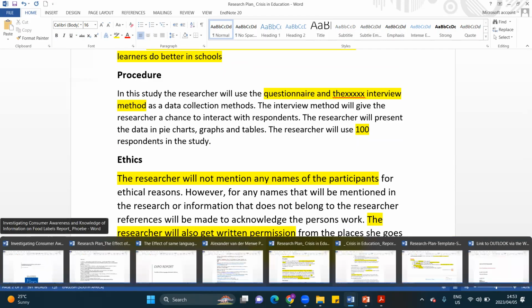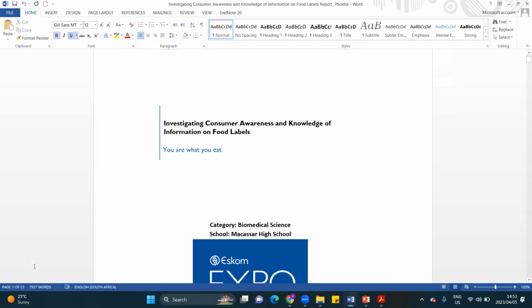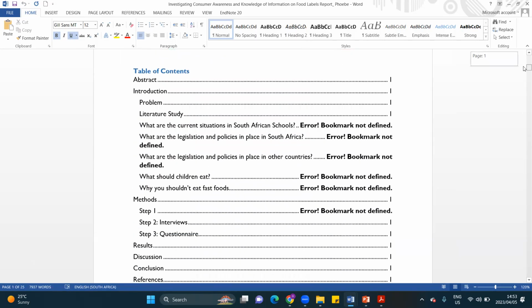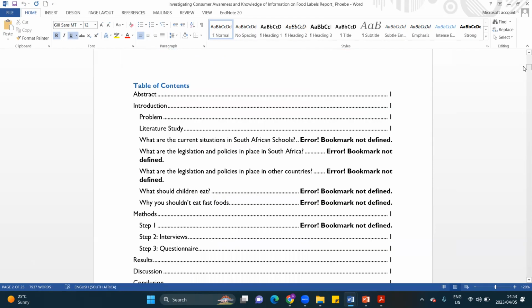Okay. I'm just trying to see if I can find another project. This one on investigating consumer awareness and knowledge of information on food labels. Let me see if this one has a different sample group.